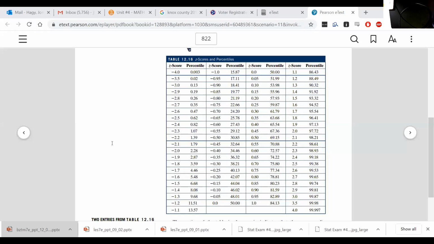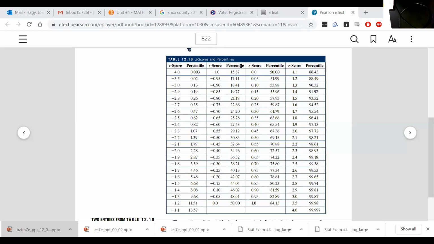If you go to the e-text section for 12.5, you'll see this table and it lists lots of z-scores along with percentiles. Now you'll see negative z-scores and positive z-scores. Remember, a negative z-score is fine. It simply means that it's below the mean, whereas positive means it's above the mean.